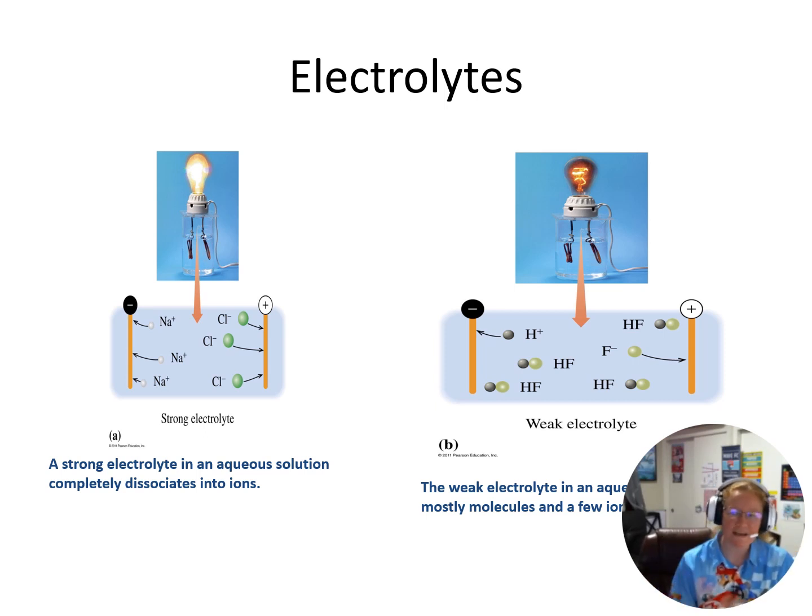If I have a weak electrolyte though, I'm not going to have as many ions in solution. Weak electrolytes do not dissociate completely. They stay mostly molecules. So I only have a few ions in solution. So if I try to light a light bulb with this, it'll light, but because I don't have a lot of mobile charge, I only get a little bit of light on the light bulb. Okay?